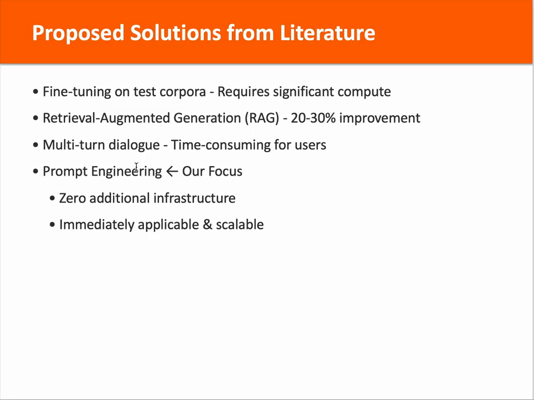In this paper, we focused on prompt engineering, specifically what to include in the code comments and what kind of context should be given when asking LLMs to generate tests. Why? Because it requires zero additional infrastructure, it is immediately applicable, and it can scale across different domains. The question is, can strategic commenting and providing the context alone transform the test quality?